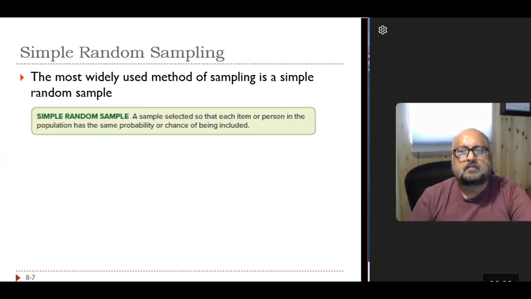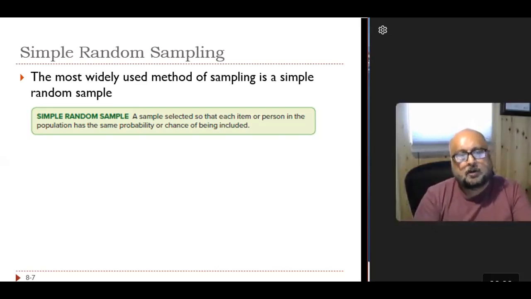If the population is relatively small, then one could place all the items of interest in a box and select the sample. It's easy to select when you have very few items in the population.